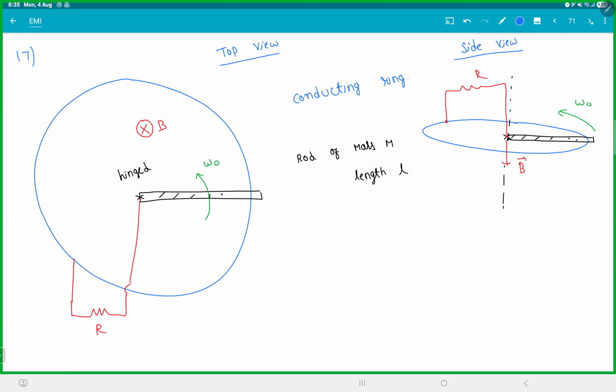So initially, the rod has no resistance. And initial angular velocity of the rod is omega naught.